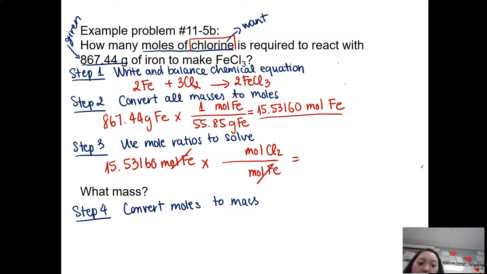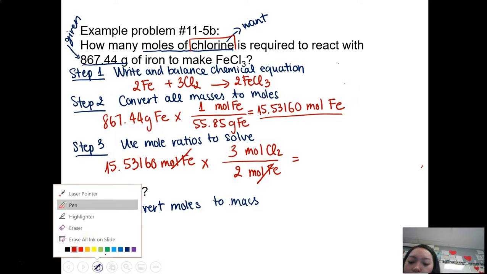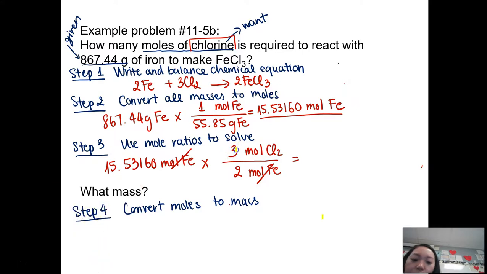Okay, so looking good. Now I just got to plug in. I'm seeing there are 2 mole of iron to 3 mole of Cl2. And how did I get that? I got that from, let me redraw that, from here, the chemical equation.